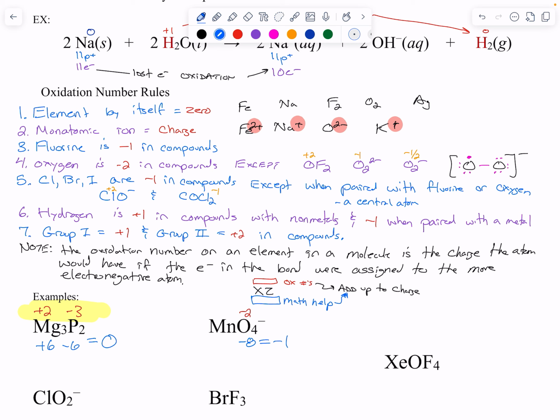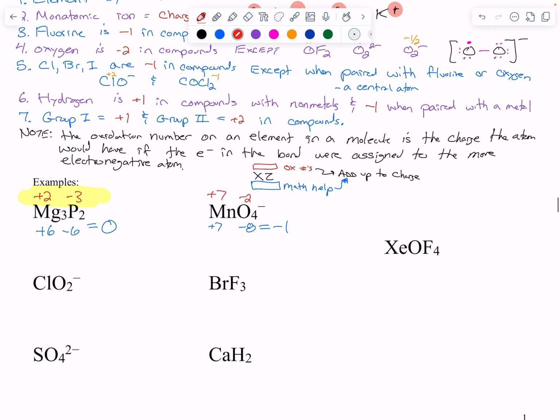Well, what with -8 gives -1? I think +7 does. So manganese is +7. All right, so hopefully this is now why you're seeing I'm doing the math help. Okay? Because 7 minus 2 does not equal negative 1, but 7 minus 8 does. All right, chlorite. Here we go. We add up to the charge of negative 1.